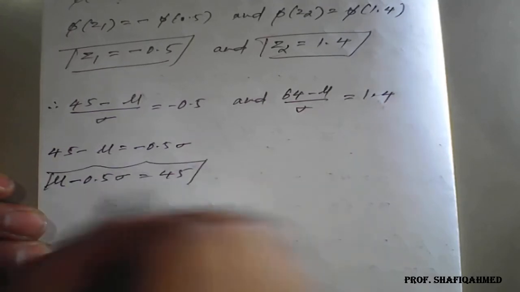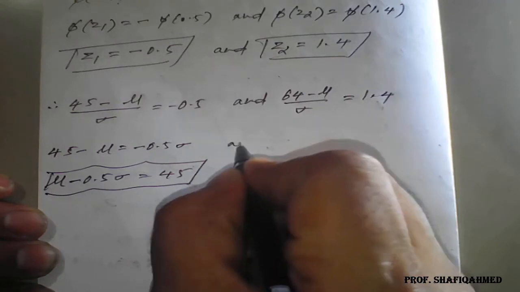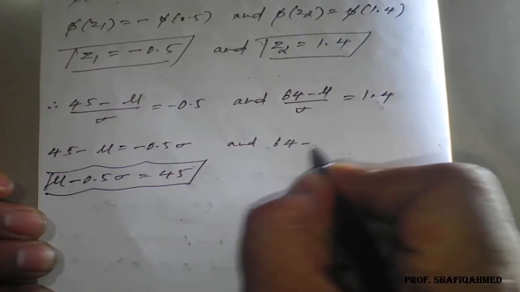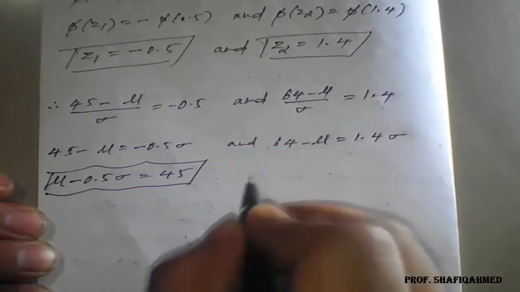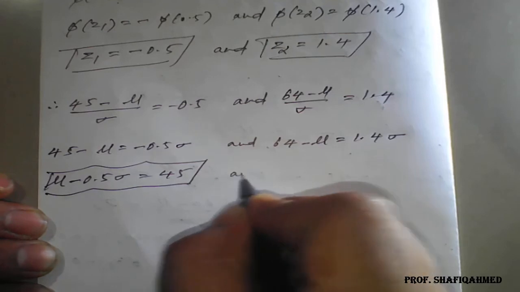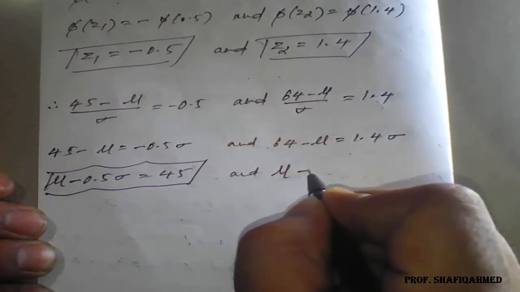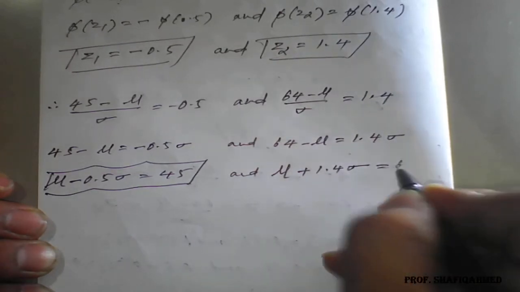We got one equation in terms of mu and rho. Similarly here, cross multiply: 64 minus mu is equal to 1.4 times rho, or rewrite by shifting mu to the right hand side: mu plus 1.4 rho is equal to 64.